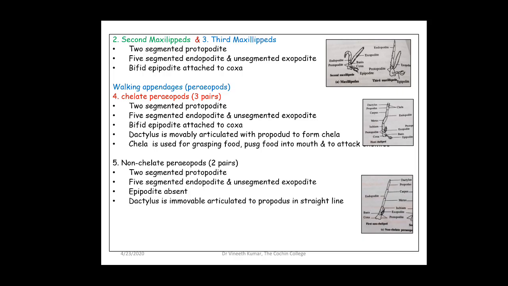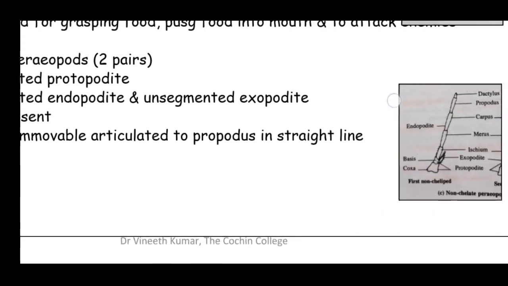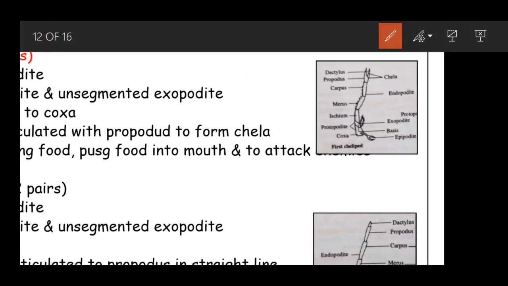Coming to the walking legs or pereiopods, there are 3 pairs of chelate legs and 2 pairs of non-chelate legs. As you see in the diagram, the chelate legs have a 2-segmented protopodite. In the coxa, you can see the epipodite. A small unsegmented exopodite can be seen.